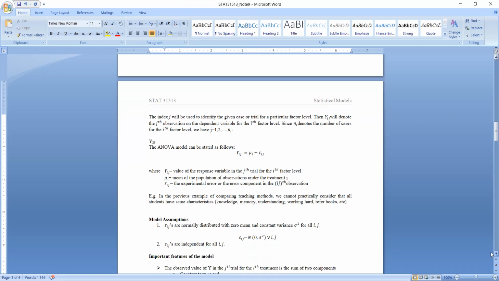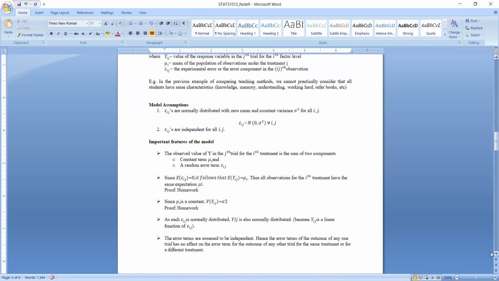So in this case, just as in simple linear regression and multiple linear regression, we have assumptions here. One assumption is that these error terms are normally distributed with zero mean and constant variance. And also, these errors are independent of each other.